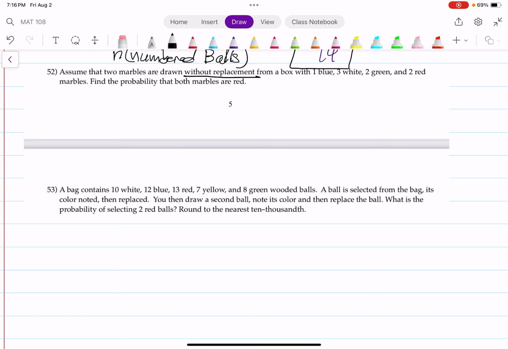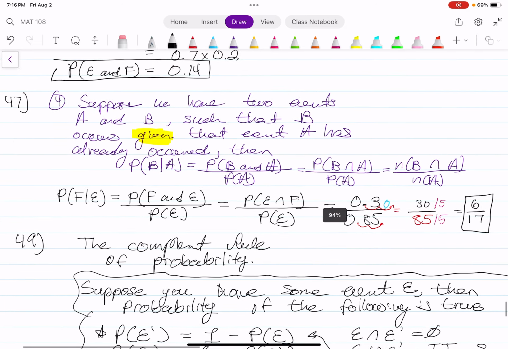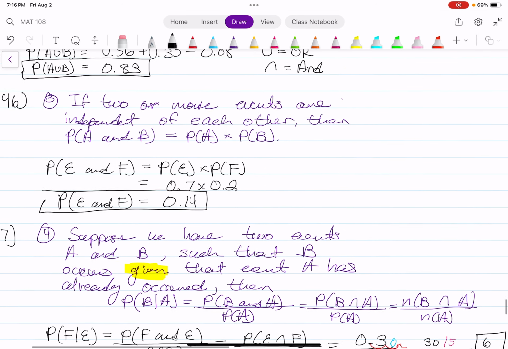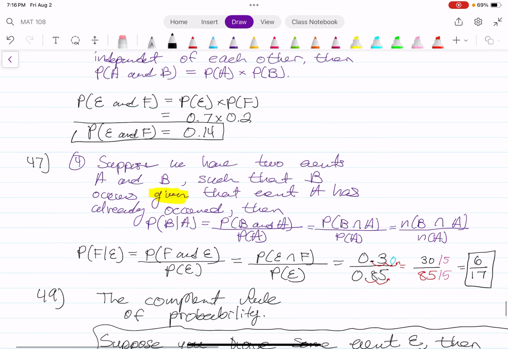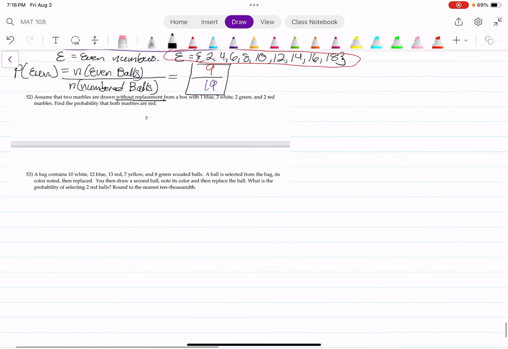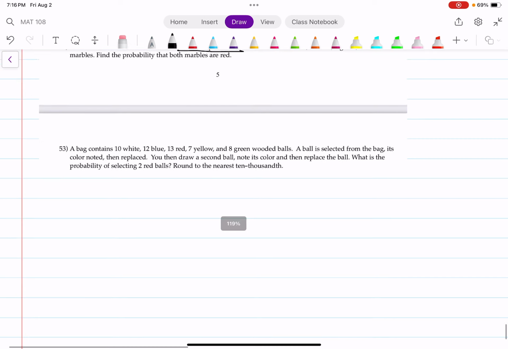So I have 7 possibilities. The first event affects the probability of the second event. That's different from what we talked about earlier when we went over independent events for question 46. In this case, the event for 52 is dependent.